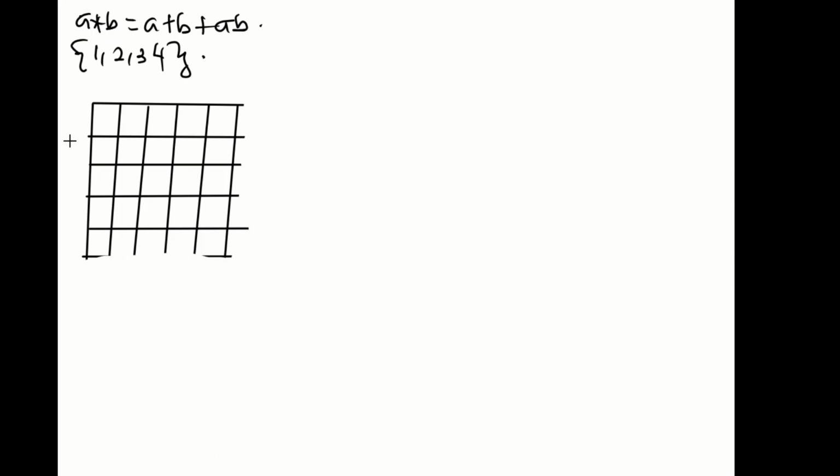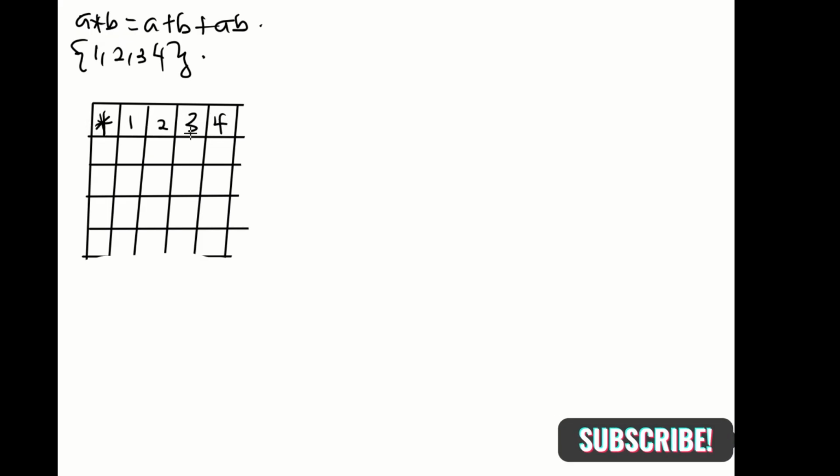So this is the operation on the first four natural numbers 1, 2, 3, 4 along the top and the side. We are going to use the operation to fill all these cells.